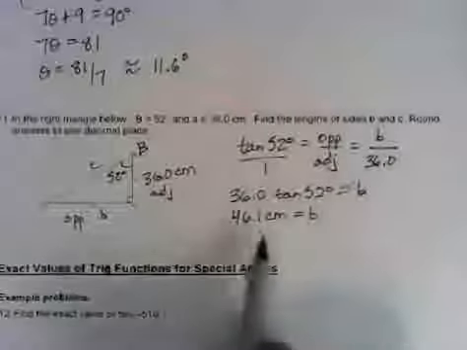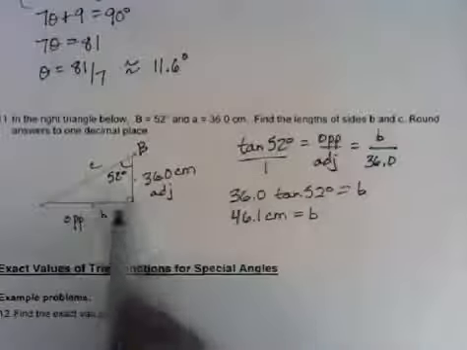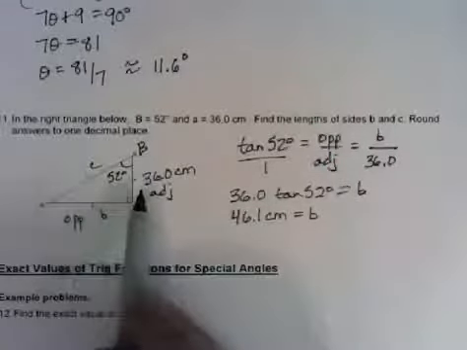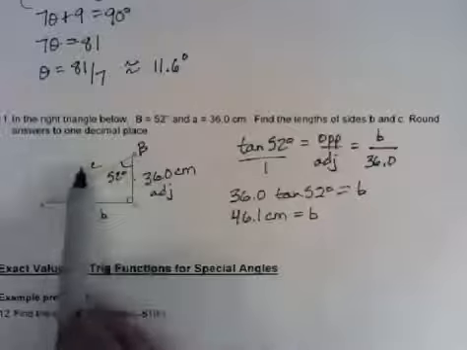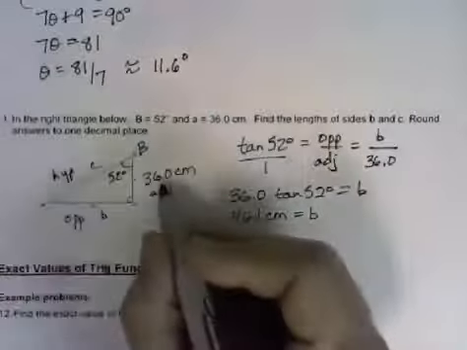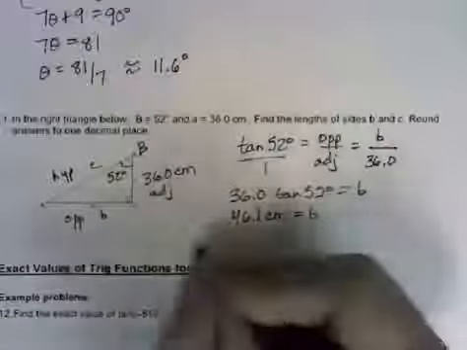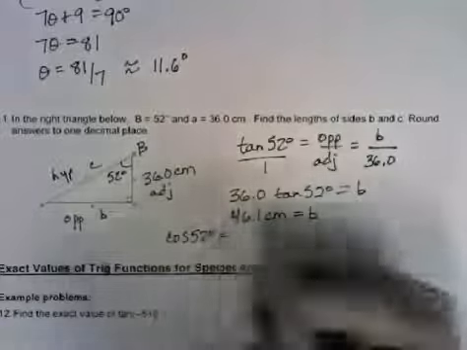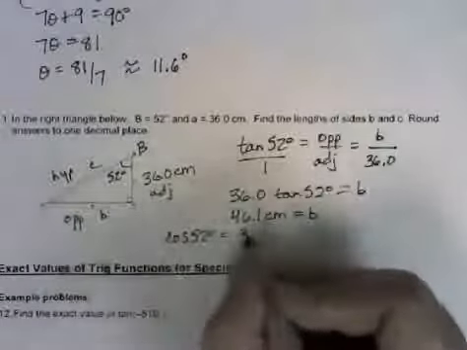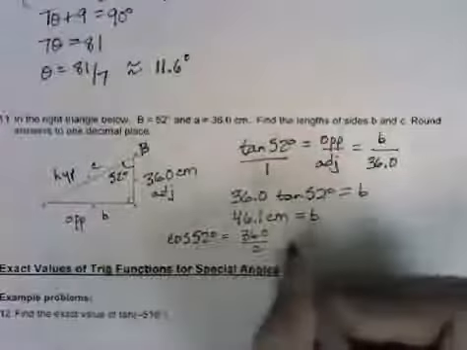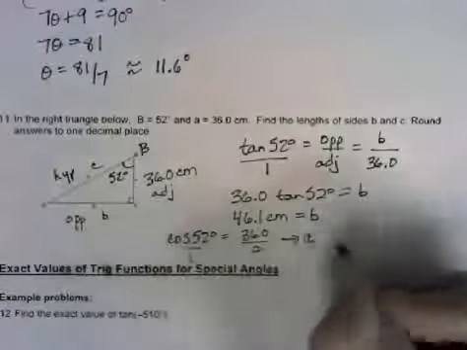I also need to find C. At this point, I could either use the Pythagorean theorem since I have a right triangle, or I could use another trig ratio. The trig ratio that would involve the hypotenuse and the adjacent would be cosine. So that would be adjacent over hypotenuse, and then I could solve this one for C by cross multiplying again.